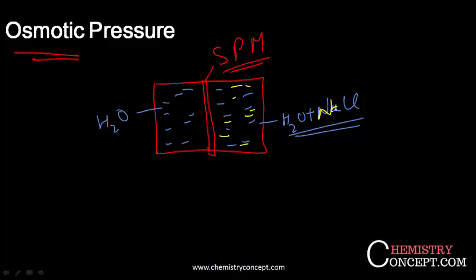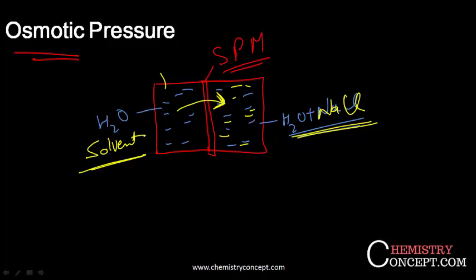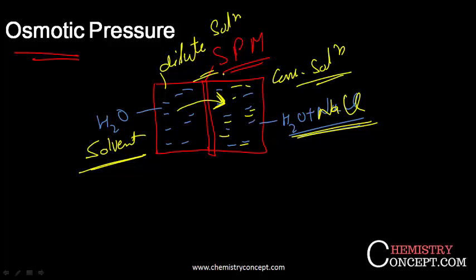So as per osmosis, the solvent will flow from the region of pure water toward the region of solution through the semi-permeable membrane, or we can say osmosis is the flow of solvent from a dilute solution to a concentrated solution through a semi-permeable membrane.